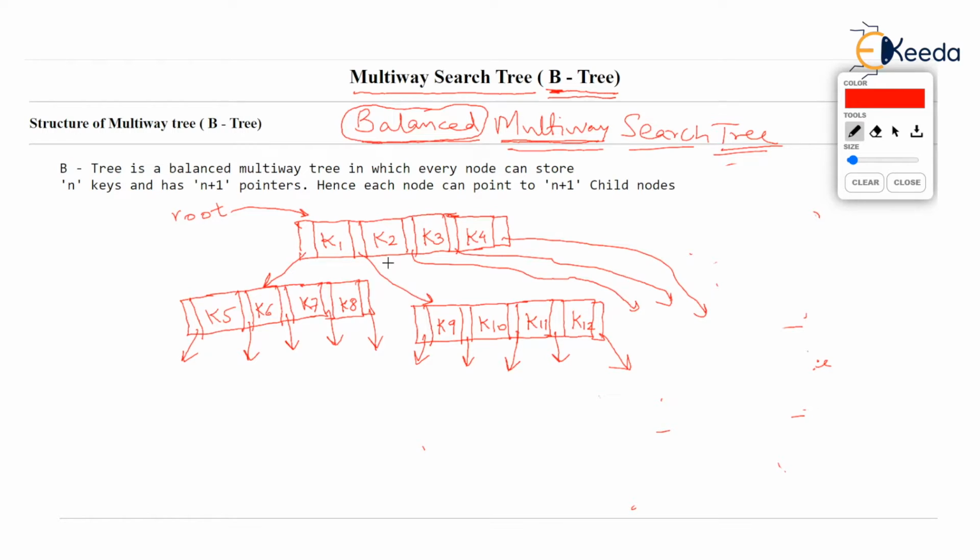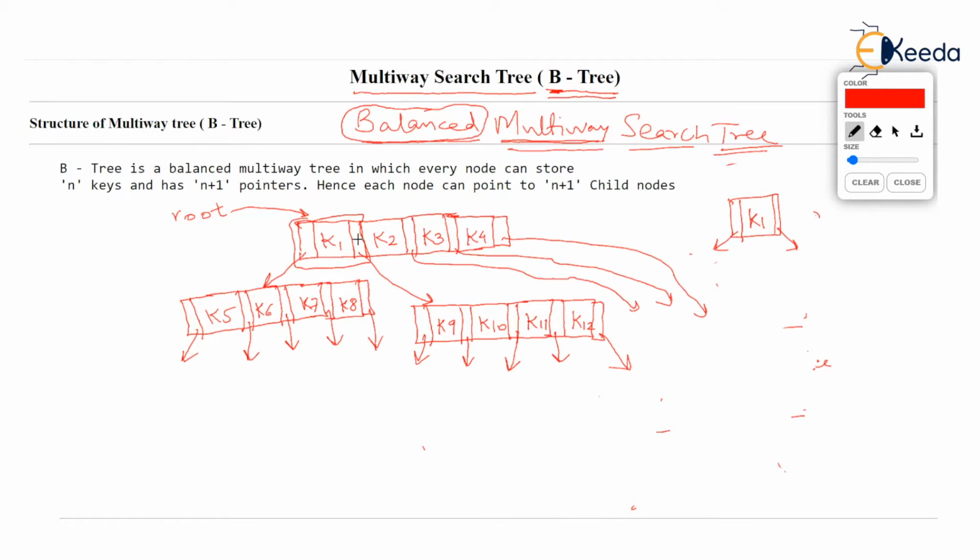If you keep your eye on K1 and the 2 pointers, left and right of K1, you can imagine that this is just like a binary tree, where there was a node, we were keeping some key in that node, and we had 2 pointers: one left of K1 and the other right of K1. So if you imagine one small unit of this node, it is like a binary tree, isn't it?